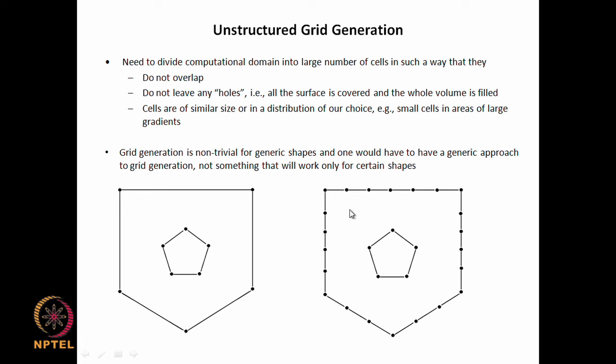Okay. So, now how do you fix the interior points? The interior points should be fixed in such a way that there are points all over the place. So, over the entire computational domain we should have those points, and these points cannot be in haphazard locations.